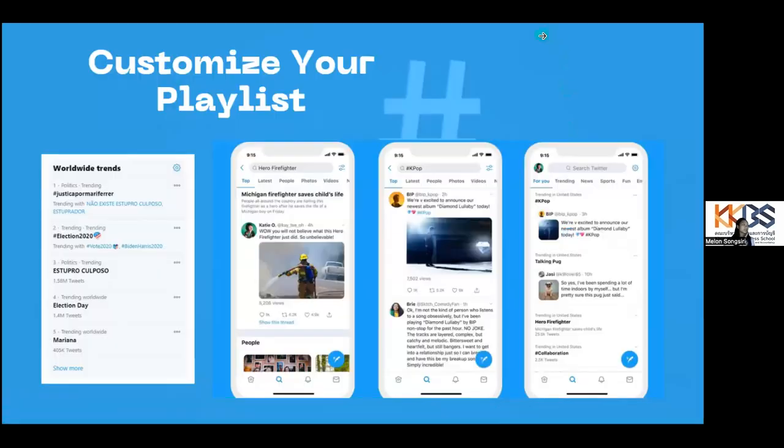And the next one is customize your playlist. As we saw in the previous chapter, engaging content is related to this too, because it's strategic, not just for media businesses, but for any business seeking to build a relationship between its brand and customers.